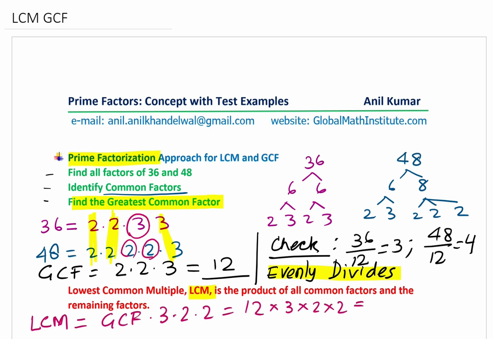So which is how much? 12 times 3 is 36, twice 36 is 72, and twice 72 is 144. So 144 becomes the lowest common multiple for 36 and 48. Correct? So that is how we can get it with prime factors.